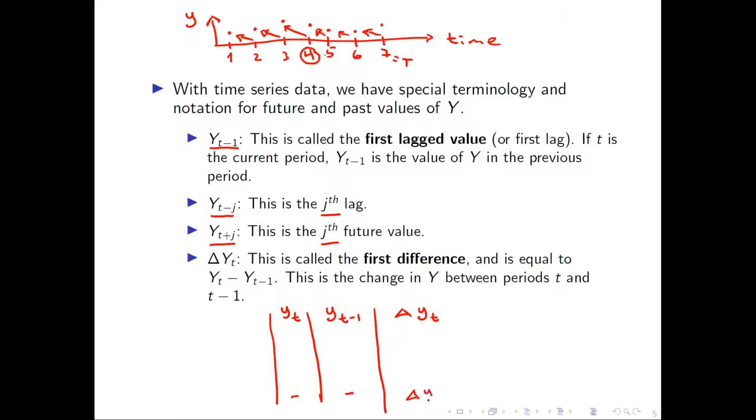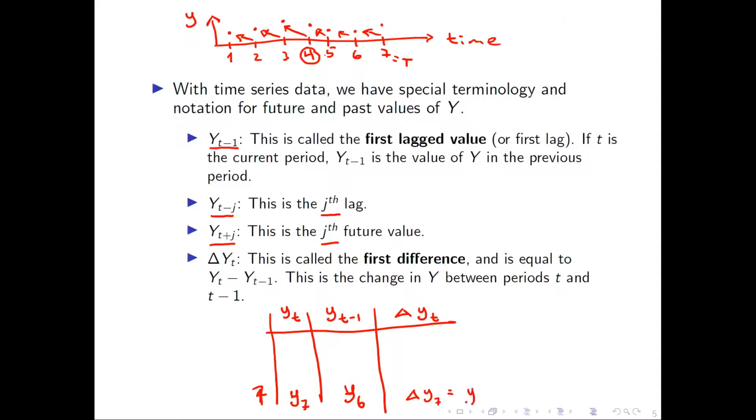So then you would get, for example, this is time period 7, then you would, in this case, get the difference between y7 and y6.